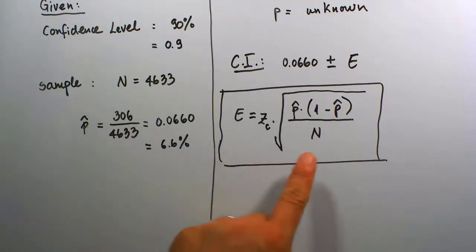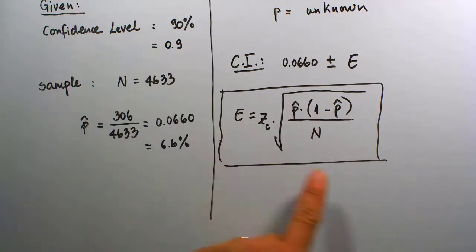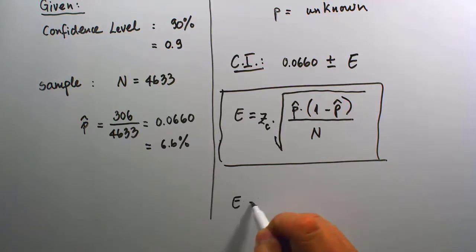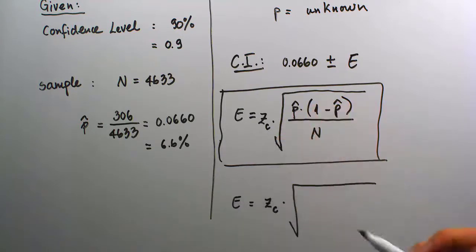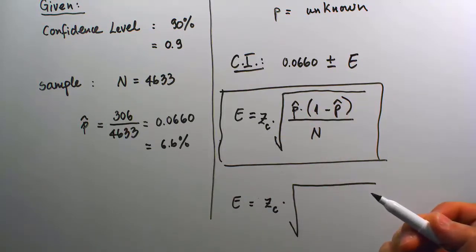Let's see how ready we are for using this formula. So in this formula, except the z sub c value, which I will eventually discuss, everything inside the square root expression here is already given.